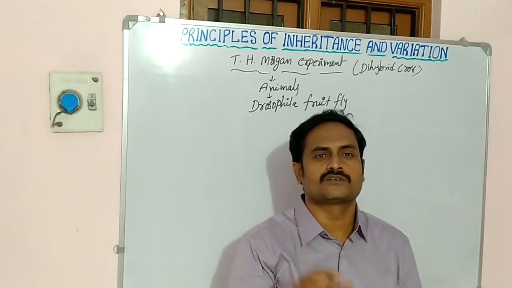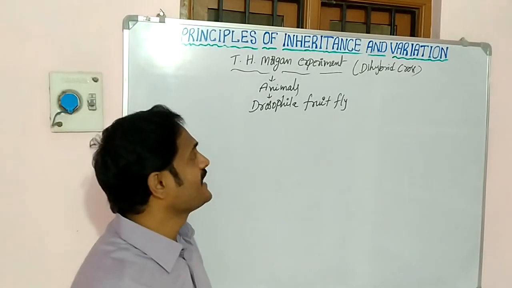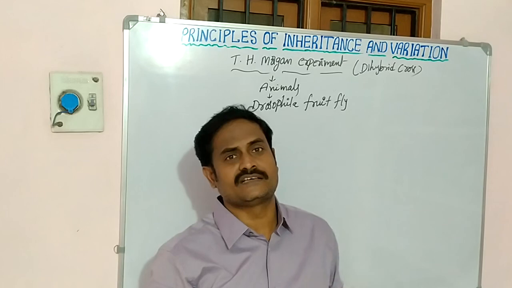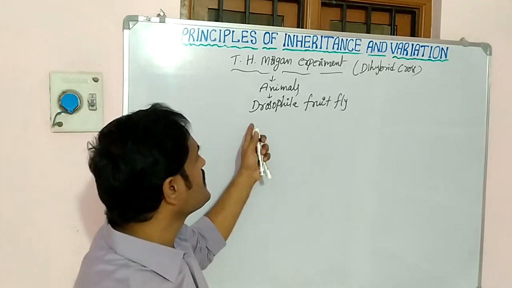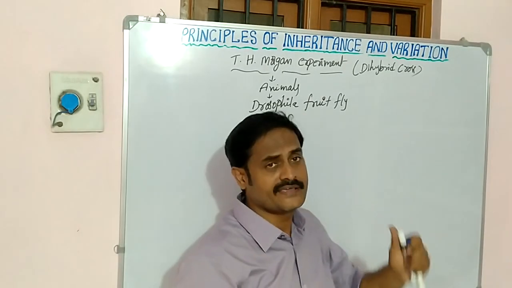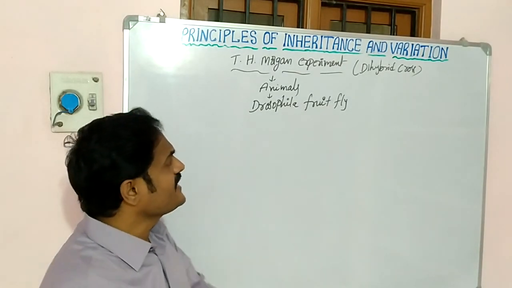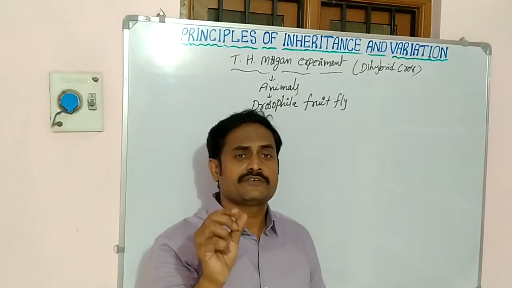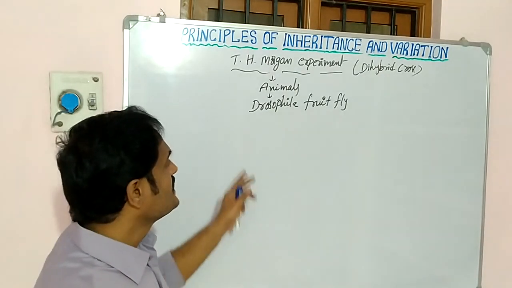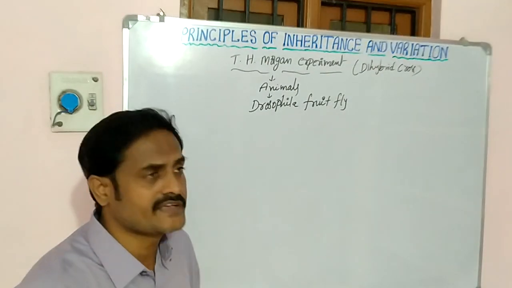He selected the Drosophila fruit fly for dihybrid cross. Why did he choose the Drosophila fruit fly? Because this fly has different characters, that means it has contrastive characters.